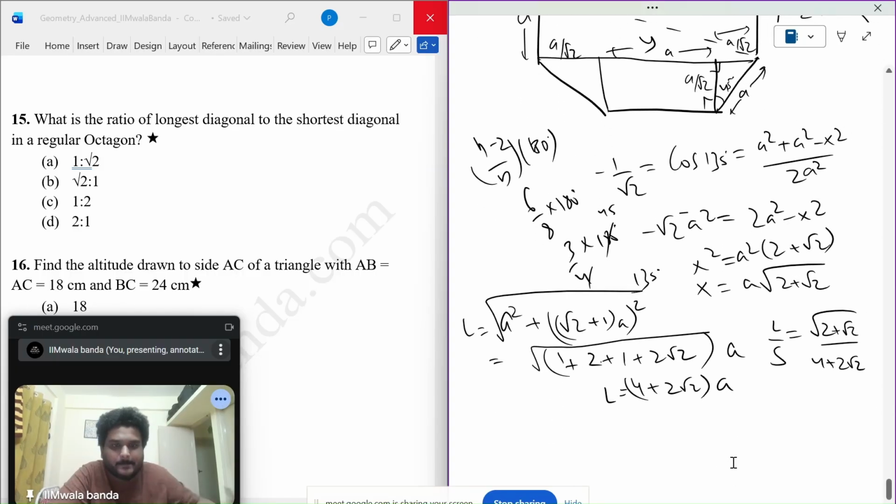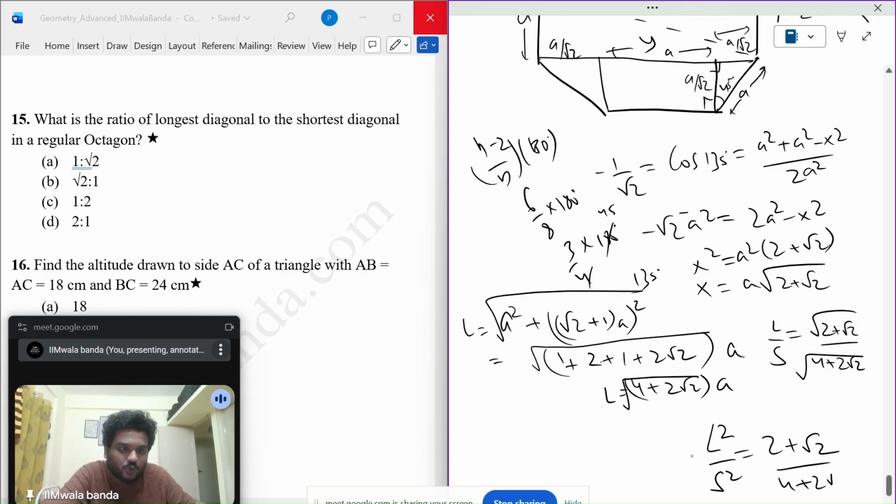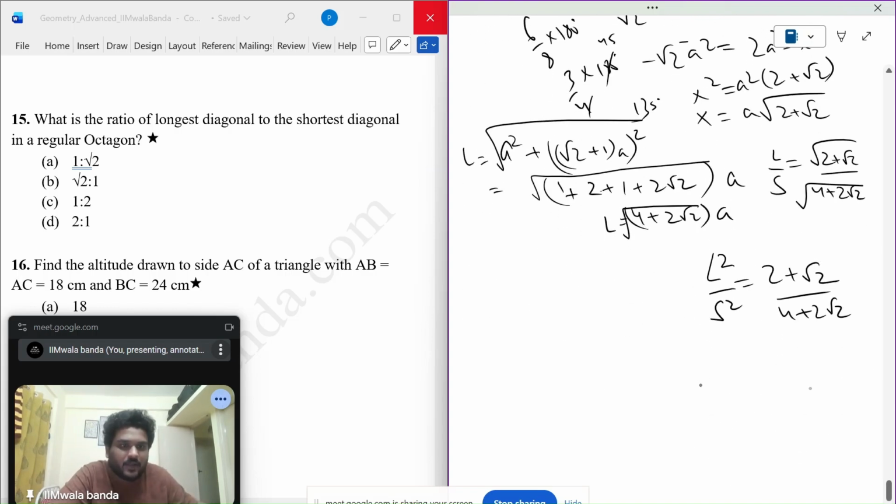let's see, if I take L square upon S square, it is 2 plus root 2 upon 4 plus 2 root 2. Let's try to simplify. 2 plus root 2 into 4 minus 2 root 2 upon 4 square minus 2 root 2 whole square.